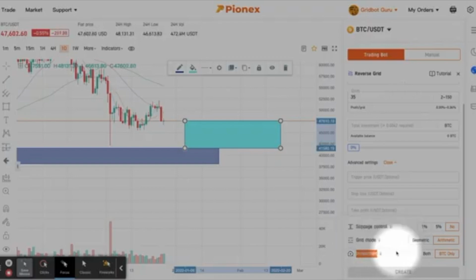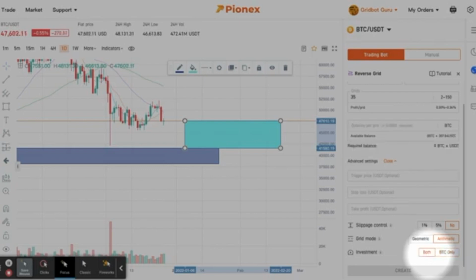Down here is one of the big ones that a lot of people end up using: the investment. If I click both, I now have the ability to use both Bitcoin and USDT. Right now, my available balance is 0 BTC plus 307.84 USDT.